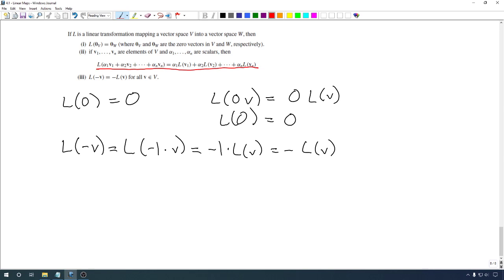So it's kind of what you do when you work with differentiation. You proved a theorem where you could split a sum of two functions up, but then you later on just use it to work with one term at a time, regardless of how many terms there were. And that's all we're doing here.